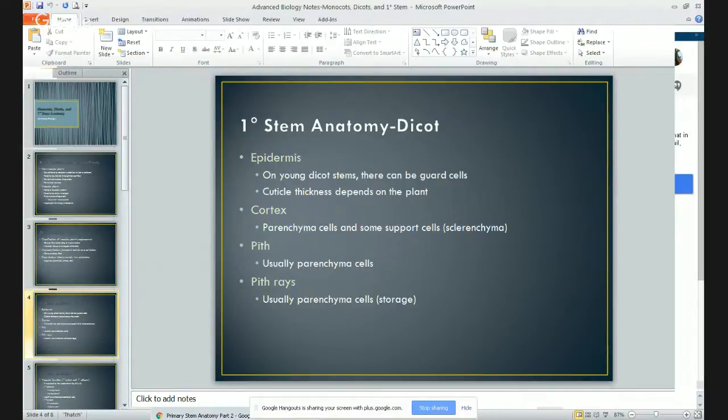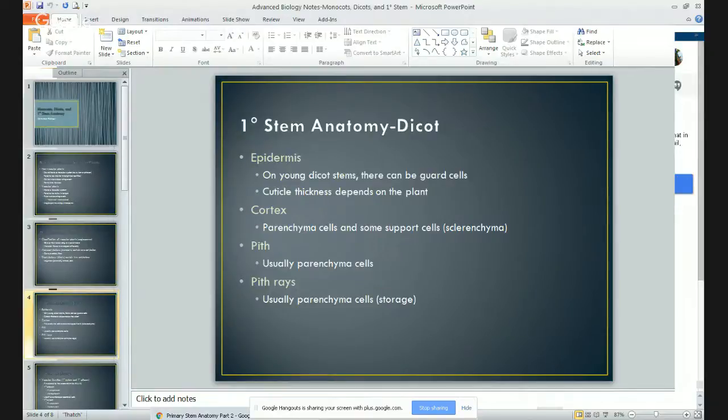Then you've got your vascular bundles, which is on the next slide, so I'm going to skip that for now because it's a little bit more involved. And then the pith is that center set of tissues directly in the center of the stem, and that's also made of parenchyma cells for storage.